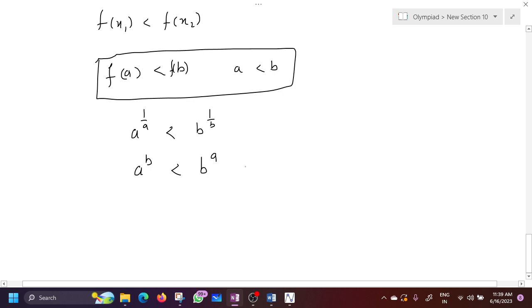So the function is behaving just opposite to what it has behaved for a, b greater than e on the right hand side of e. So now you have, if a is less than b, then this will happen.